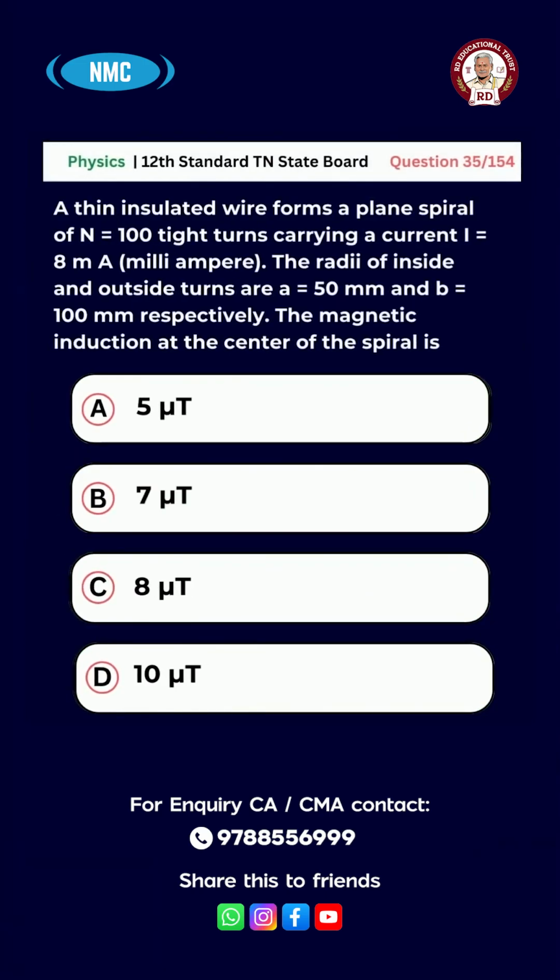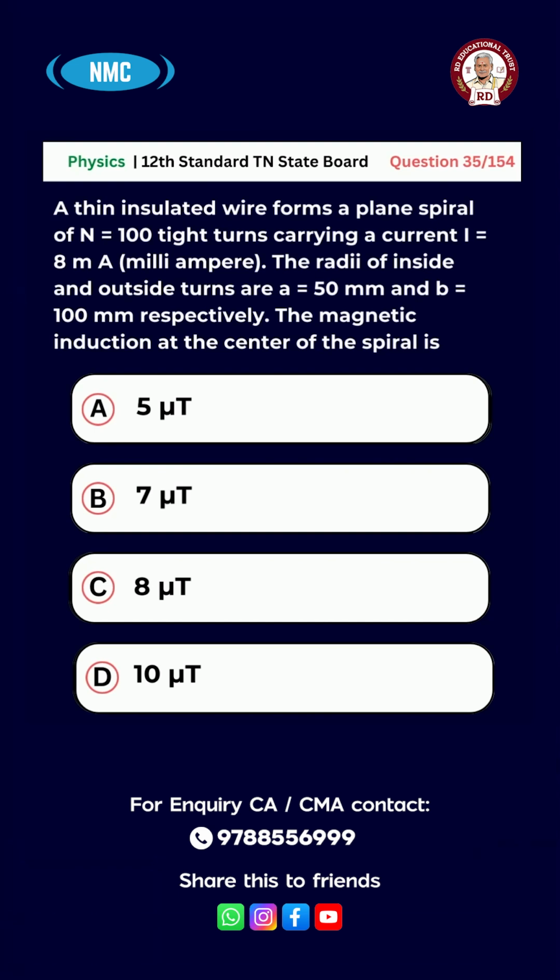Question number 35. A thin insulated wire forms a plane spiral of n equal to 100 tight turns carrying a current I equal to 8 mA, that is milliampere. The radii of inside and outside turns are a equal to 50 mm and b equal to 100 mm respectively.